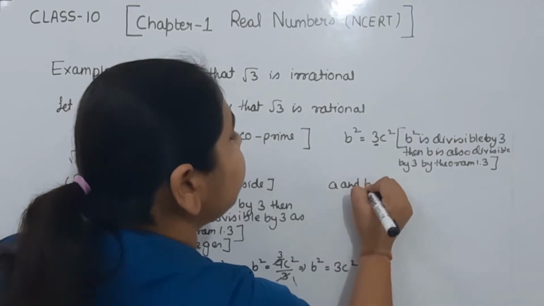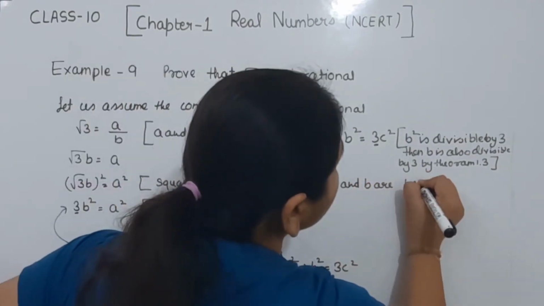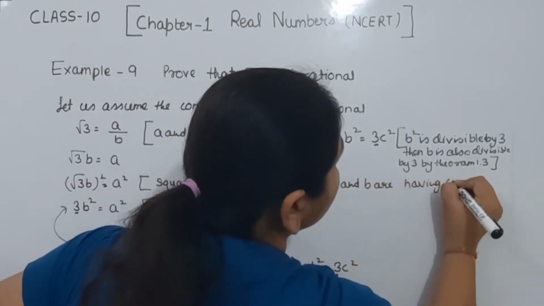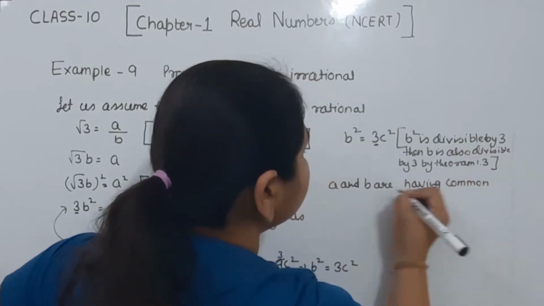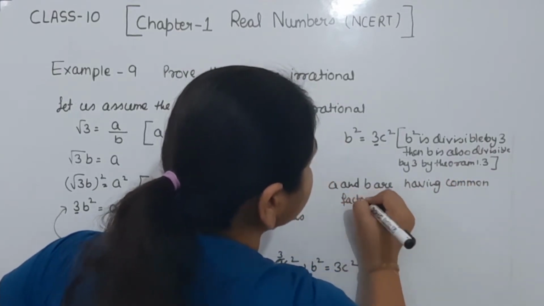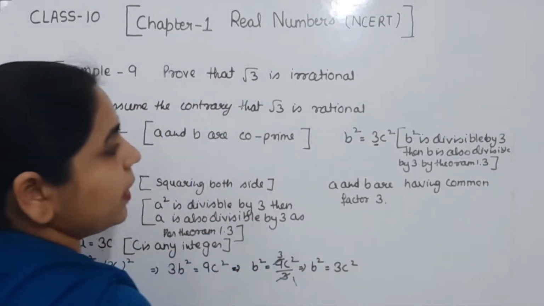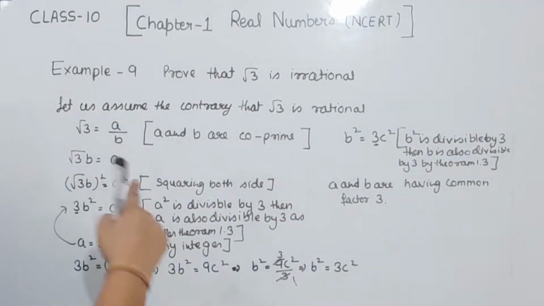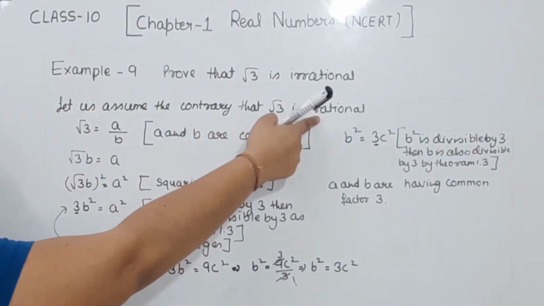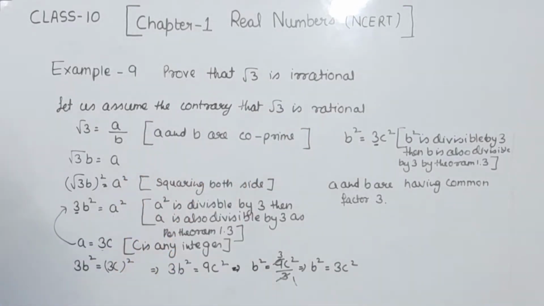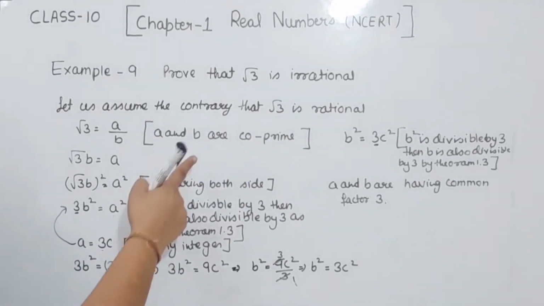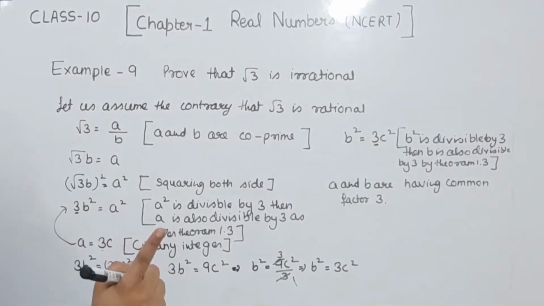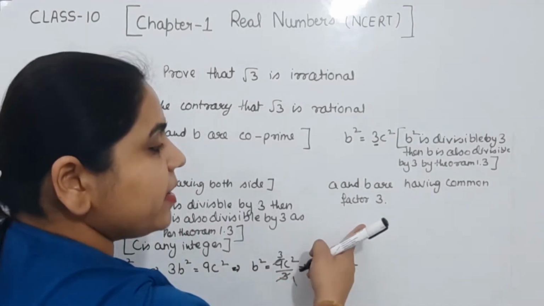So a and b have a common factor 3. And what we have learned is that if this is a rational number, then a and b are co-prime numbers, which can only have the common factor 1, but we are having the common factor equal to 3.